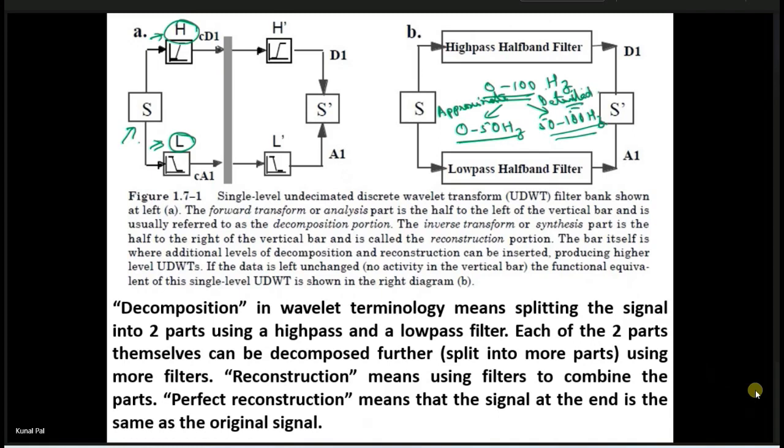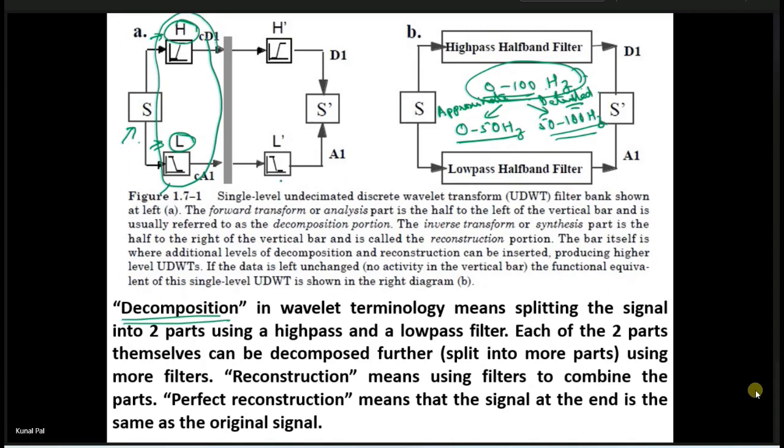This type of breaking of the signal on the basis of frequency components is regarded as signal decomposition. This is a decomposition filter over here.